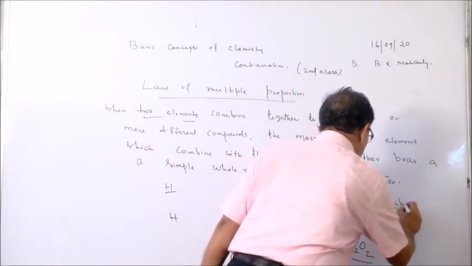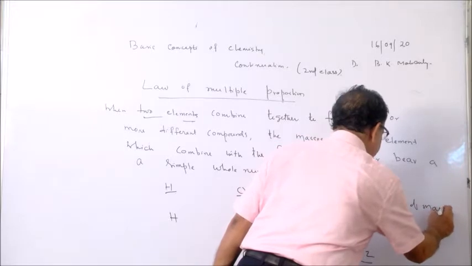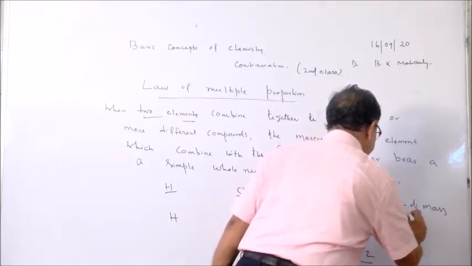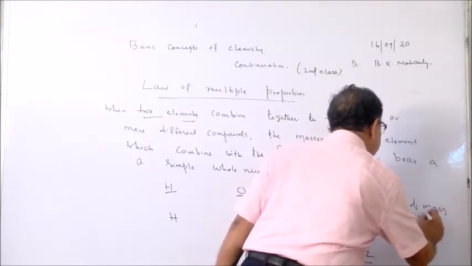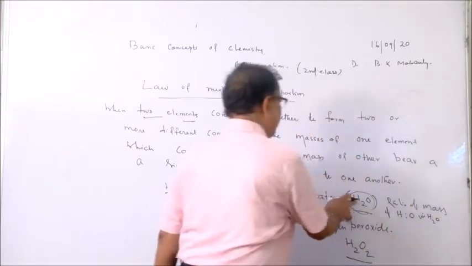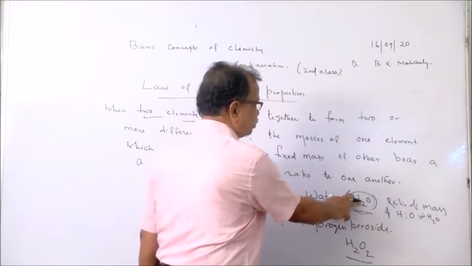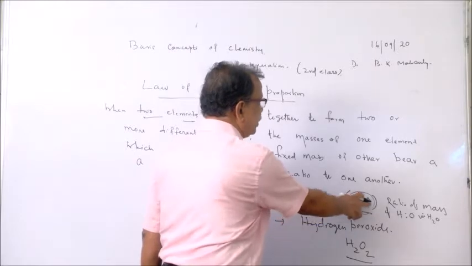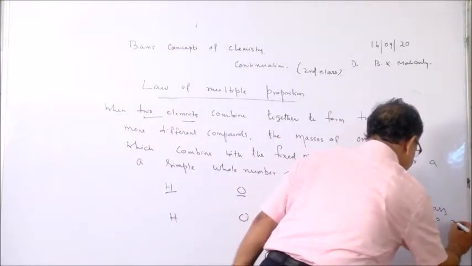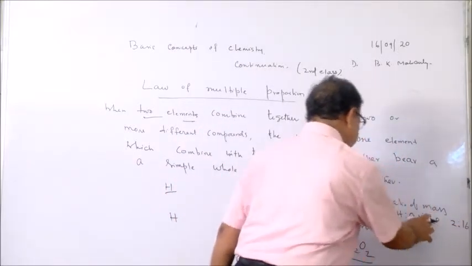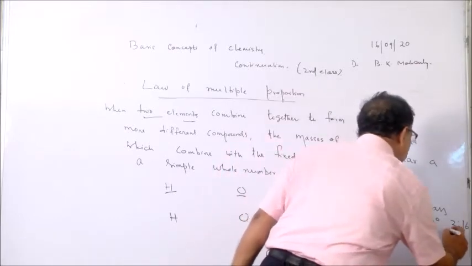Since it forms water and hydrogen peroxide, look at the ratio of mass of hydrogen and oxygen in water. H2O: hydrogen is 2 and oxygen is 16, so 2 is to 16. If you take hydrogen as 1, that is 1 is to 8.